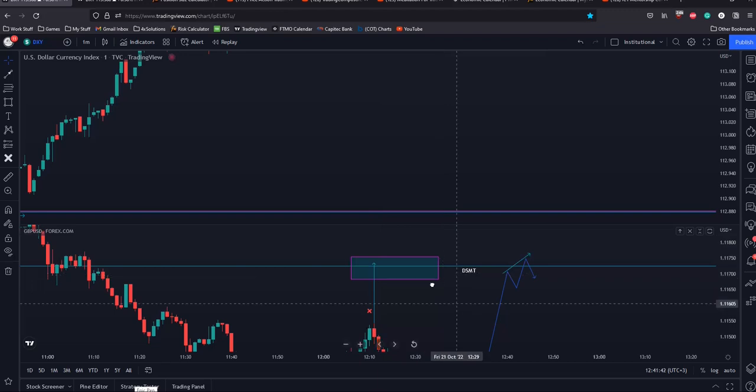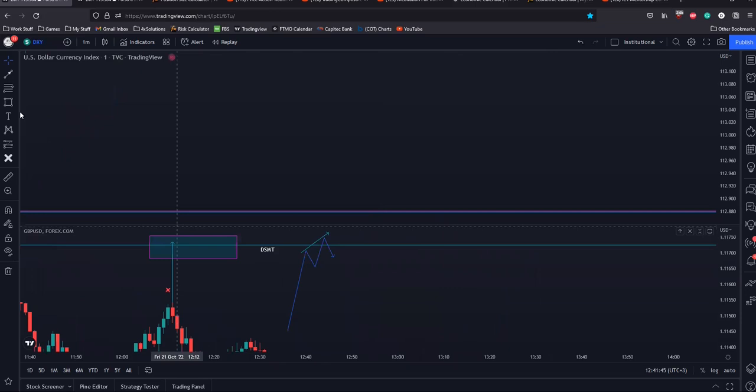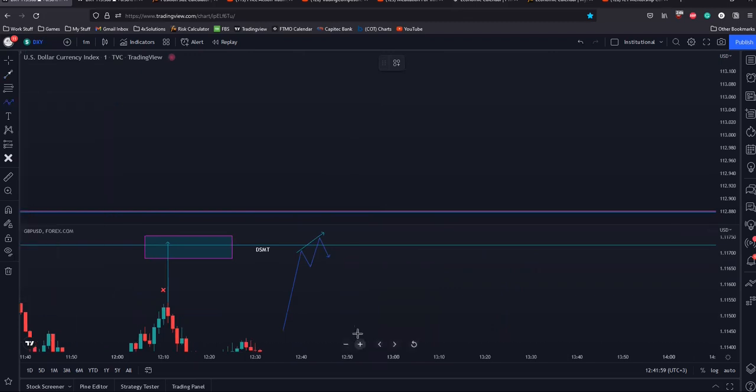And also what can happen in this is the following: price can do multiple SMTs into this zone. Where did that thing go again? So it could do this. It could go up, down, up, down, up, down, up, down, sell.